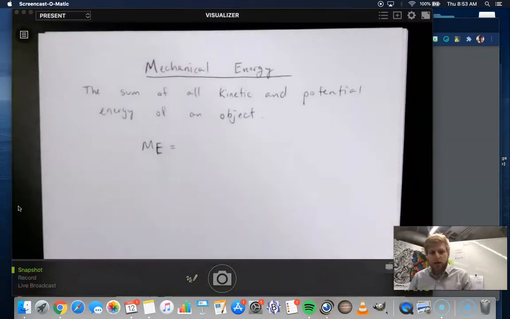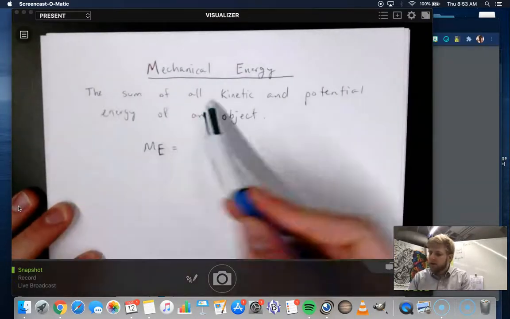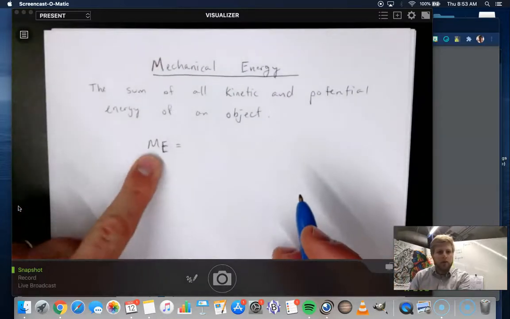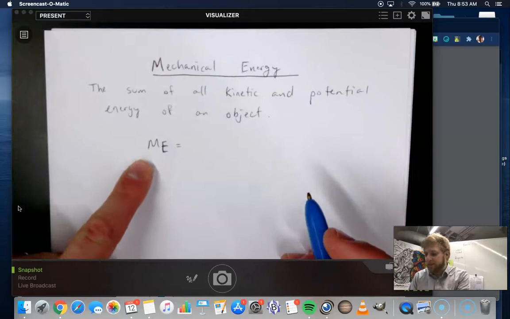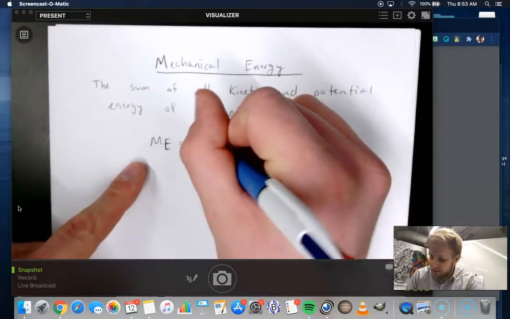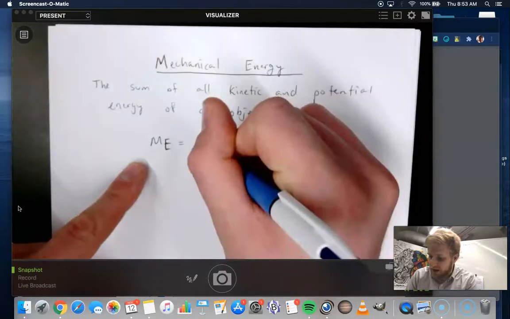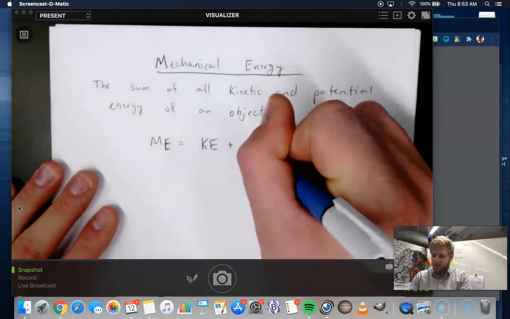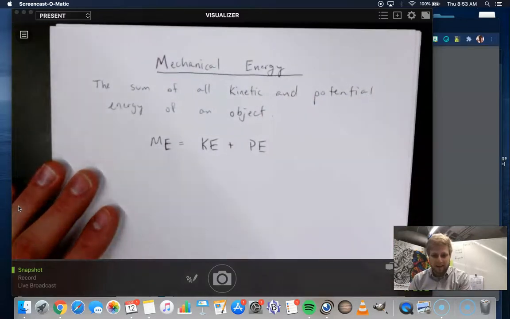Alright, the next quick topic we want to cover is mechanical energy. Mechanical energy is the sum of all kinetic and potential energies that an object might have. I tend to represent mechanical energy with ME, and that's a combination of an object's kinetic energy plus its potential energies, which we can write PE.